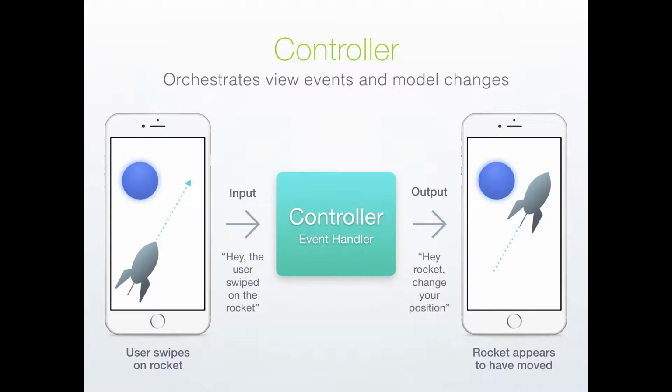And then it re-updates the view, and it says, hey rocket, you got to change, you got to go in this direction, change your position. But on the view, the images are just moving. The controller tells the view what to do, and the controller knows what to do based on the model. So the controller is really just in the middle of these, and that's why we work so much with view controllers throughout iOS.